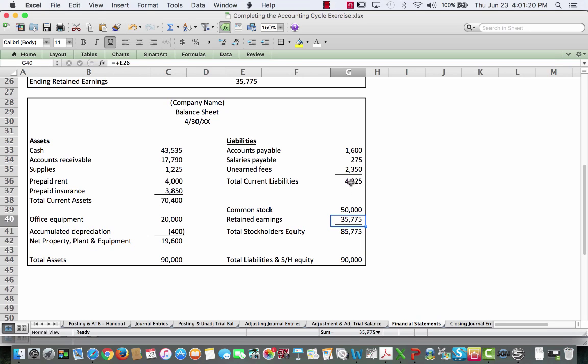So I'm taking my liabilities plus my equity. The sum of that gives me my total liabilities and equity. Your total liabilities and equity must equal the total assets. They have to balance. Hence, this is called the balance sheet.